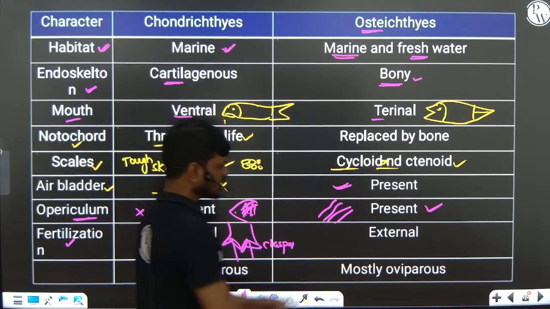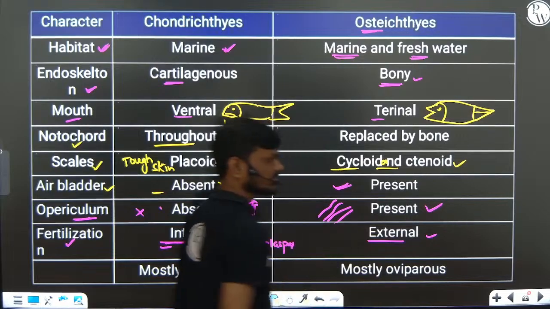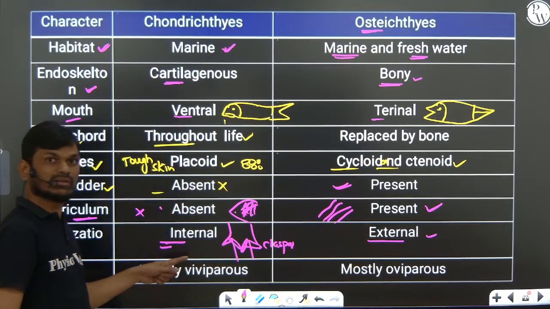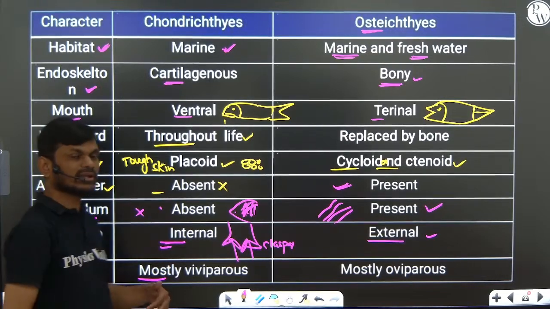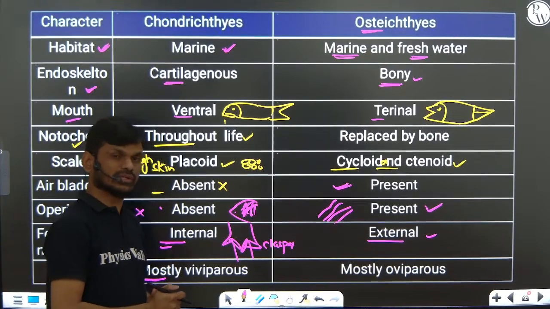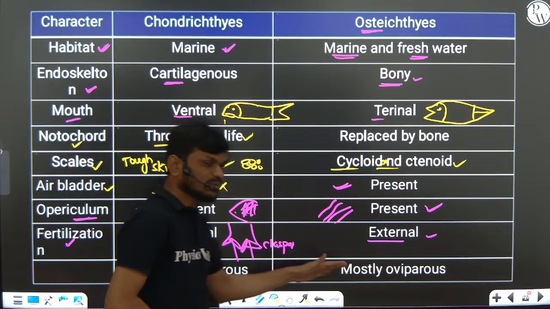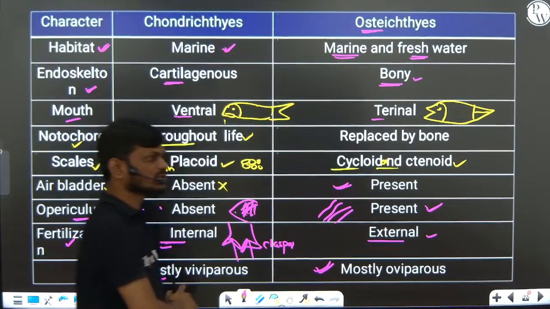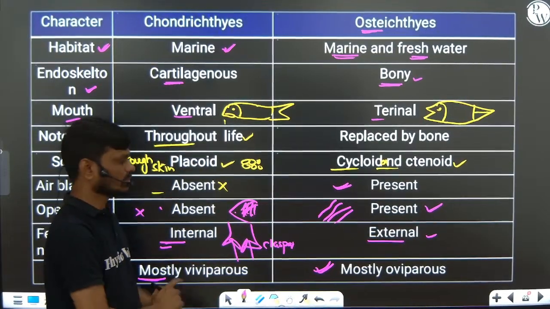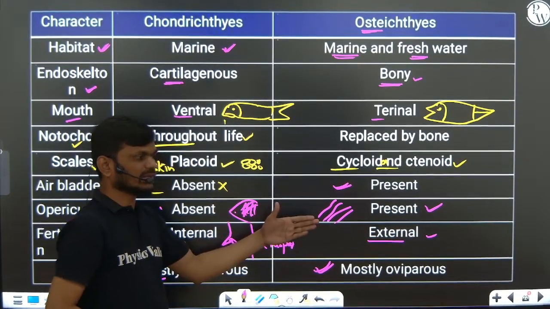Here fertilization is external. External fertilization, internal fertilization. Mostly viviparous condition, they give birth to the young ones, mostly. But in Osteichthyes, mostly oviparous. Mostly oviparous, mostly viviparous.